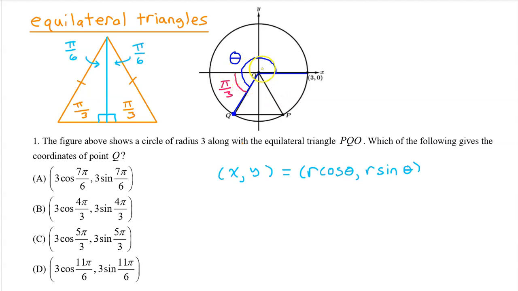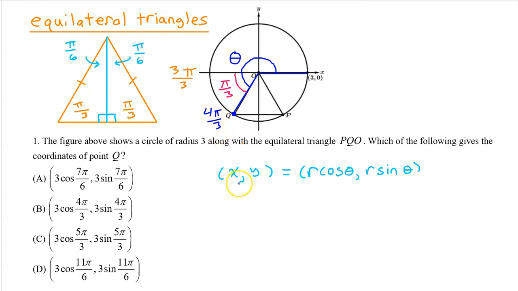Now we can easily figure out the measure of angle theta. Pi is right here, but let's think of it as 3 pi over 3. So we are going one extra pi over 3 past 3 pi over 3. That means theta must be 4 pi over 3.